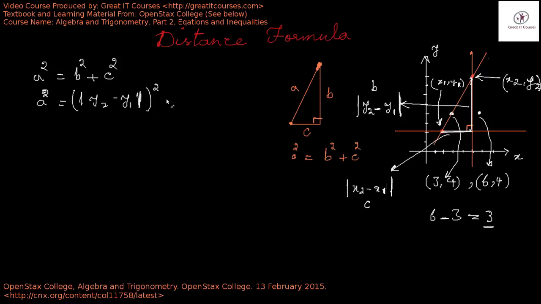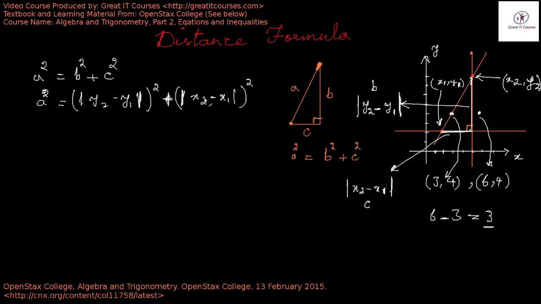And I can write c squared as the absolute value of x2 minus x1 whole squared. Well, whatever x2 minus x1 is, I am basically squaring that value.